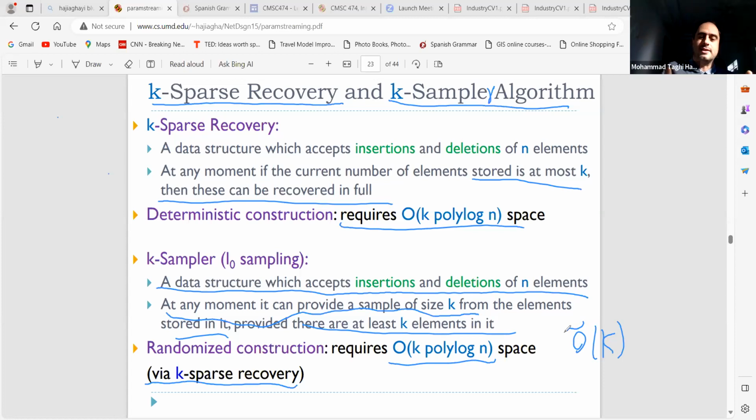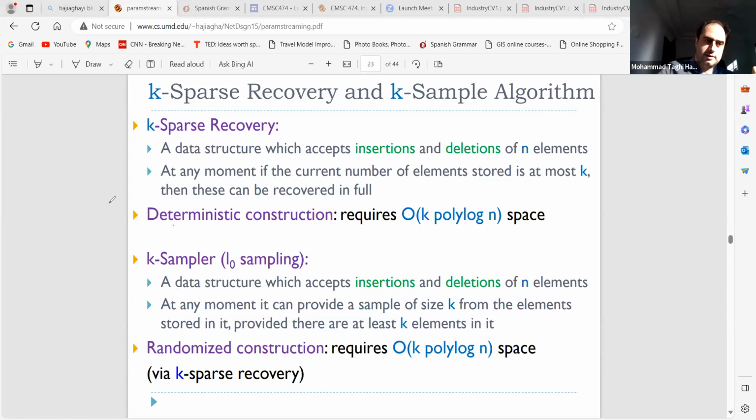If it is greater than k, then you can sample k of them, say uniformly at random, from all the elements there. So that's the whole idea, and they work together very nicely. Now let's see how we can use that for the problem that we had.